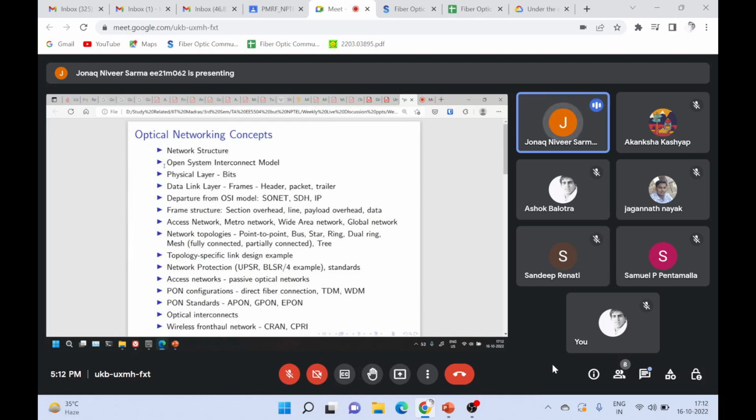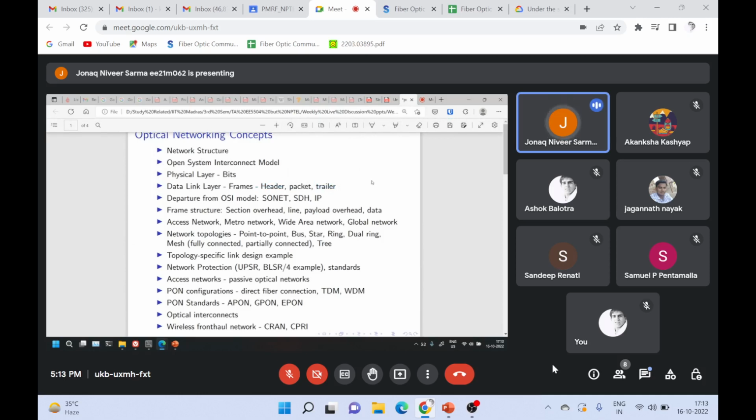In the OSI model, layer two is the data link layer. We talked about how it handles our data and how data is transmitted. So this concept of header and trailer was introduced.